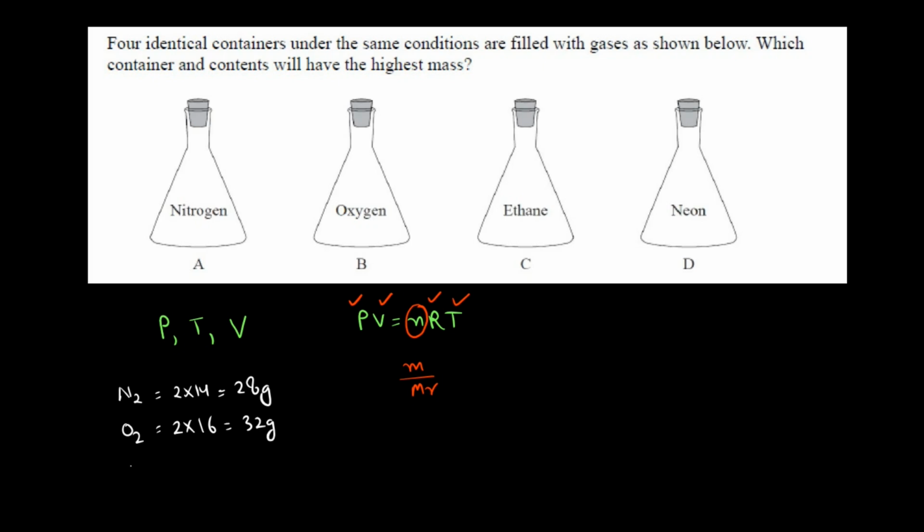Ethane C2H6: 2 times 12 plus 6 times 1 is 30 grams. Neon is monoatomic, a noble gas, so its mass is 20 grams. So which one is highest? Oxygen. So the correct option is B.